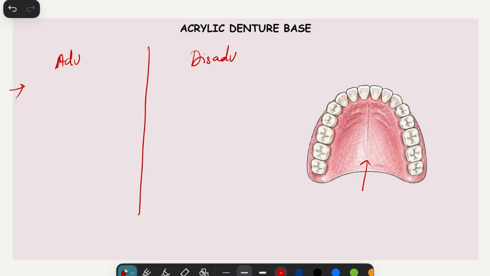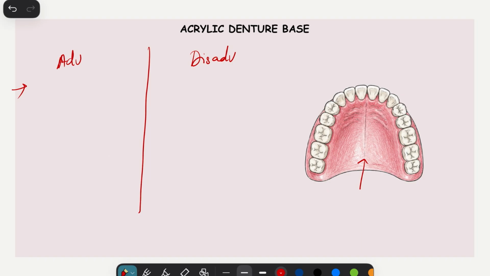So first, the advantages. The first advantage of the acrylic denture base is that its color is translucent pink, which closely resembles the gingiva, providing good aesthetics. Then these dentures can be easily rebased and relined.